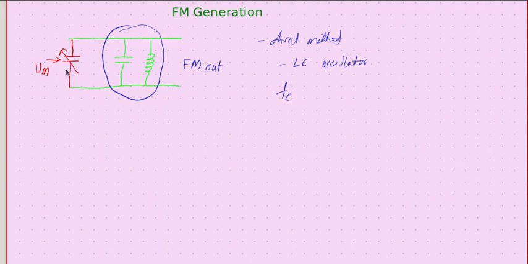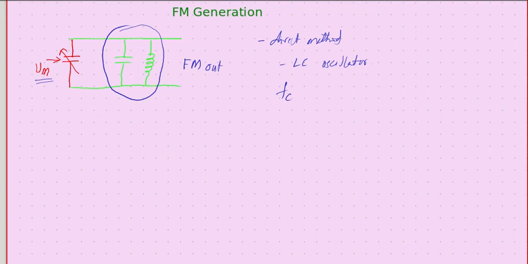And this voltage, if we use as our modulating input, then due to the variation in the modulating input voltage, the capacitance changes, and this capacitance is in parallel with our tank circuit capacitance.